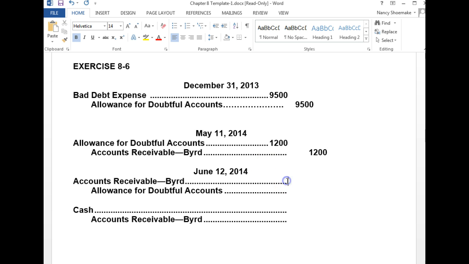Then it tells us he paid it. So we're going to reinstate his account, credit back the allowance for doubtful accounts of $1,200, show he put the money in of $1,200, and then the accounts receivable is zeroed out. Any questions on that? How are we doing, guys?